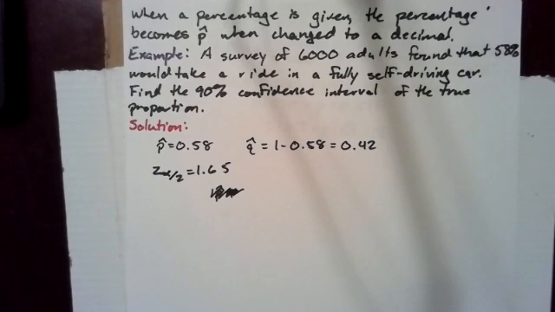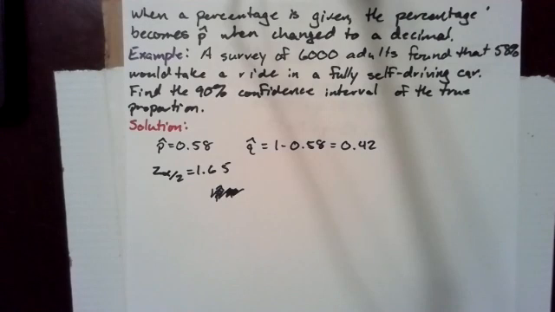When a percentage is given, the percentage becomes p hat when changed to a decimal. So for example, a survey of 6,000 adults found that 58% would take a ride in a fully self-driving car. Find the 90% confidence interval of the true proportion. So p hat is thus 0.58, and q hat is 1 minus 0.58, which is 0.42.